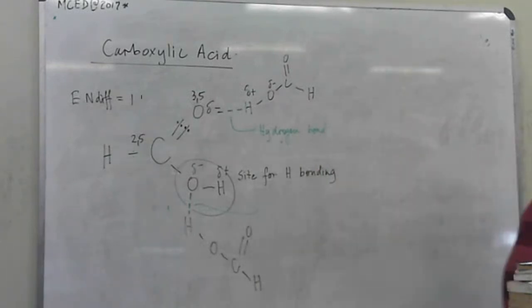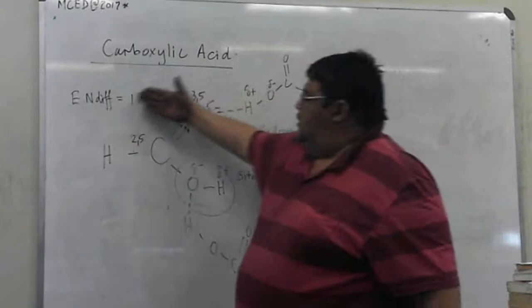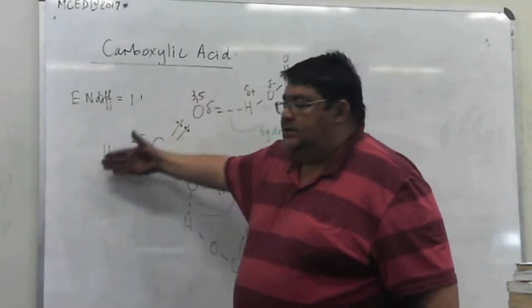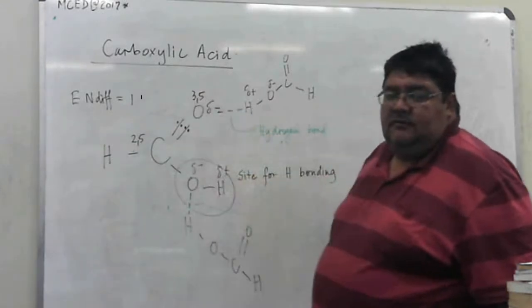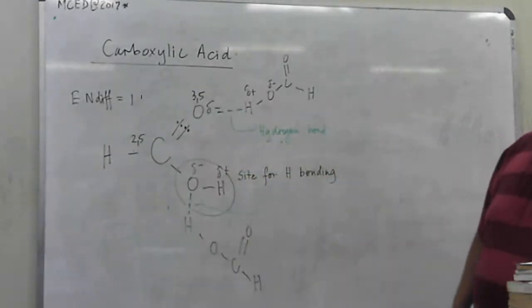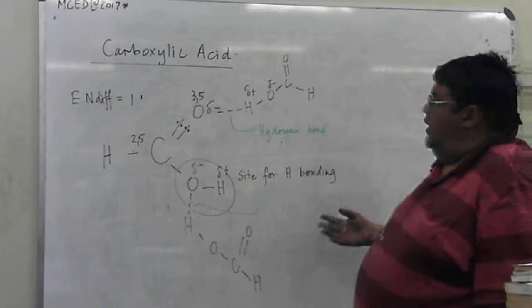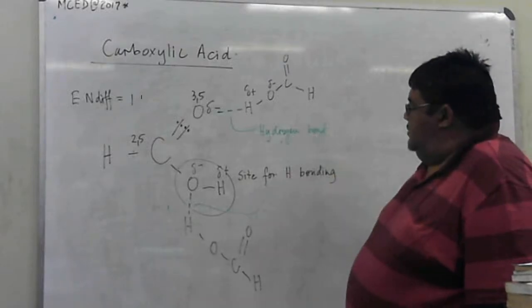So, that means that a carboxylic acid has two sites for hydrogen bonding. So there's two places hydrogen bonding can take place in a carboxylic acid.